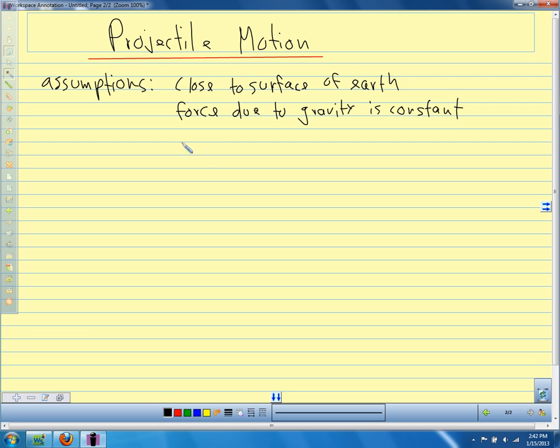And gravity is the only force acting on our projectile. So we're not taking into account any kind of friction, any kind of drag, anything else. So these are assumptions that simplify our calculations.